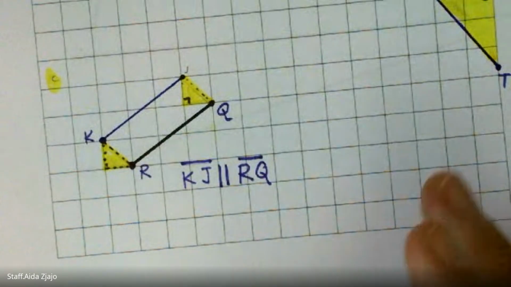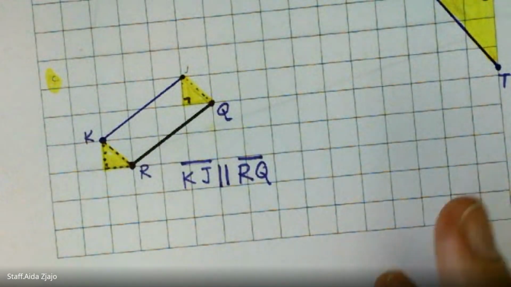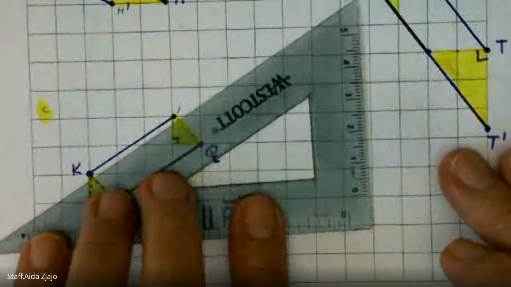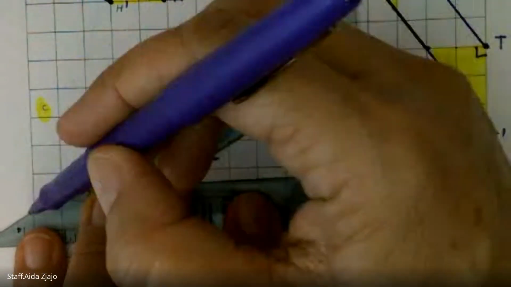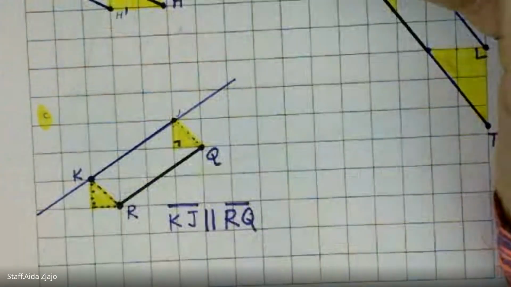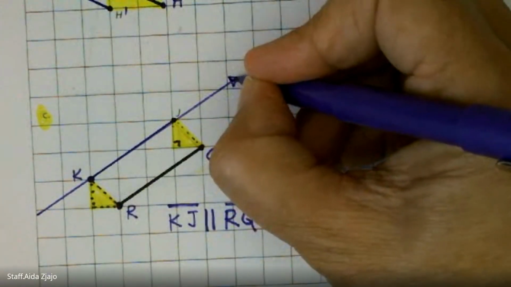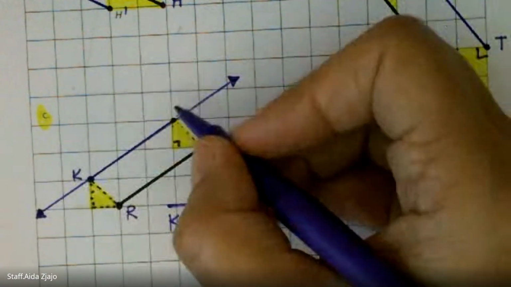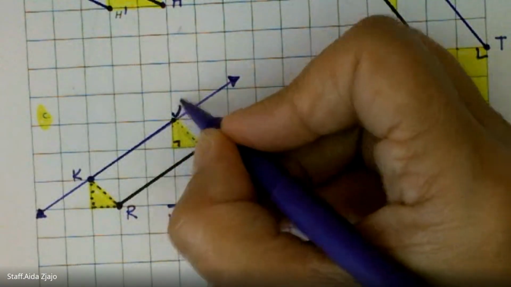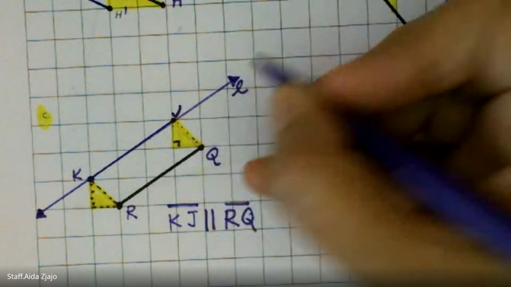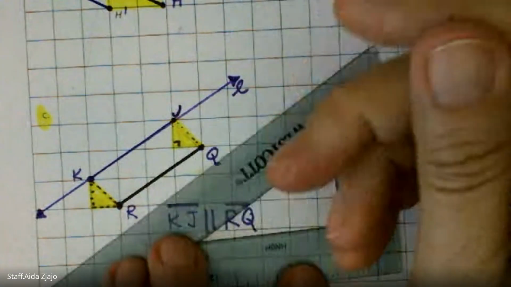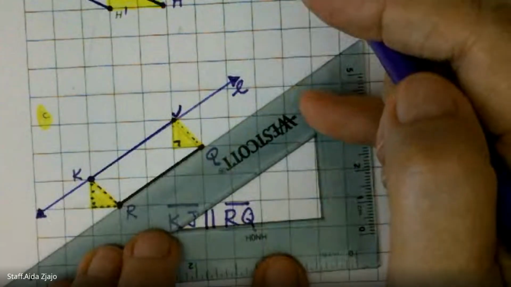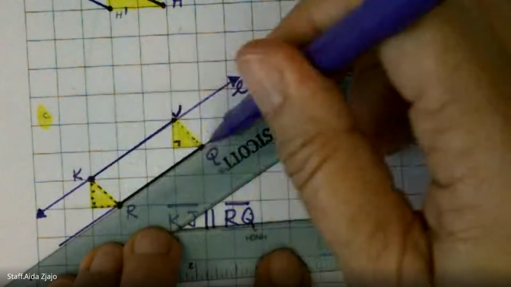If I would like to extend these and make them lines, I can do that. This is just additional. Let's see, if you extend this, that will become a line. I'll show you. So this KJ line segment is on a line L, for example, and then if I extend the RQ line segment, they will create parallel lines.